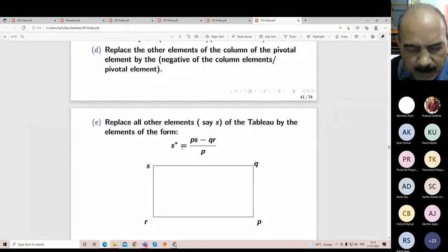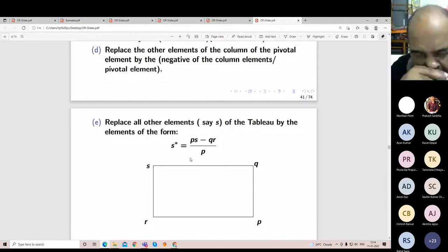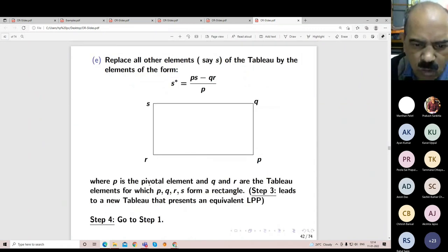This S star will be (P into S minus Q into R) divided by P. P is positive, not 0, not negative, it is only positive. So using this rule, you complete all the elements in the new table. Once it is completed, we move to step 1.